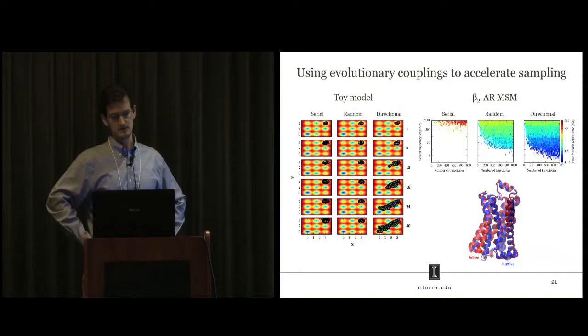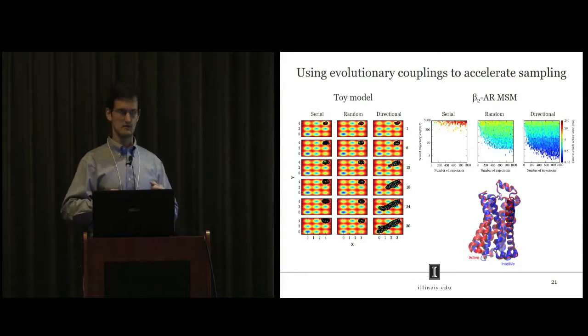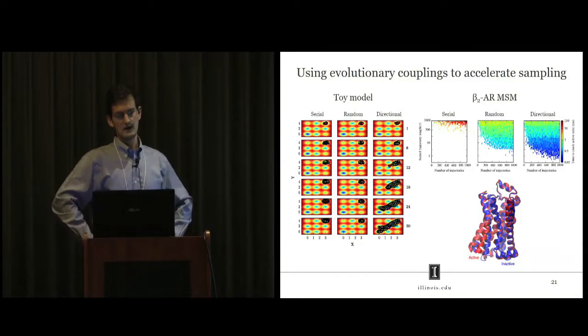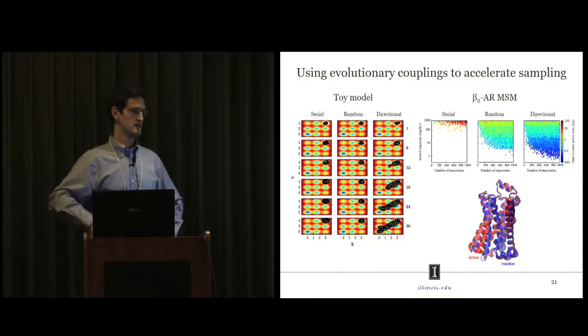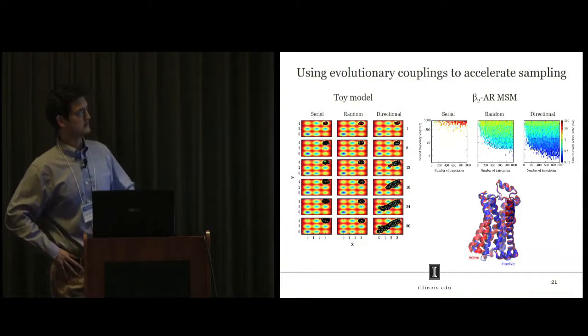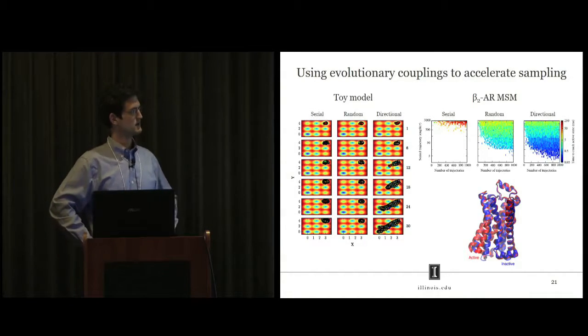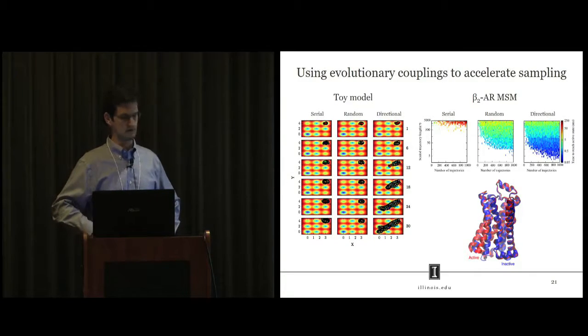And then we also used a Markov state model built from previous simulation data of a GPCR. So we simulated on the master equation that we got from that model. And we found that starting from the active state, using this evolutionary coupling information, we were able to reach the active state much faster using our directed method than either just long simulations or undirected adaptive sampling.